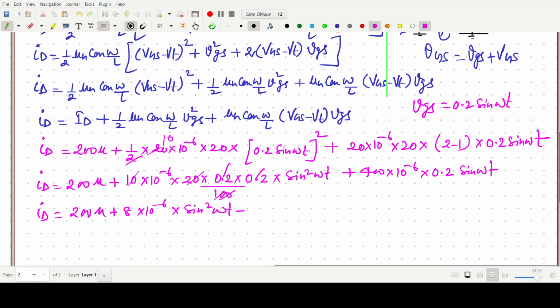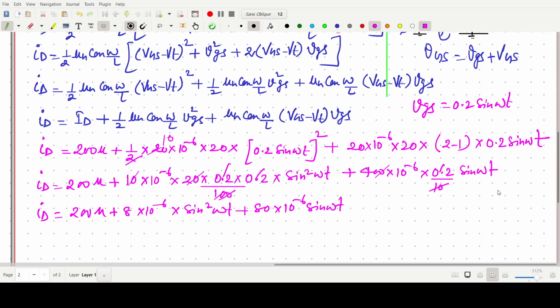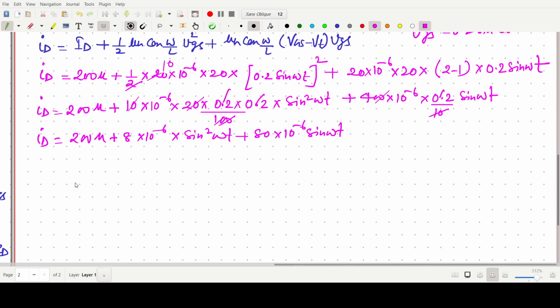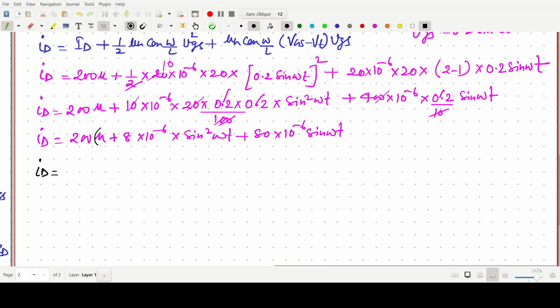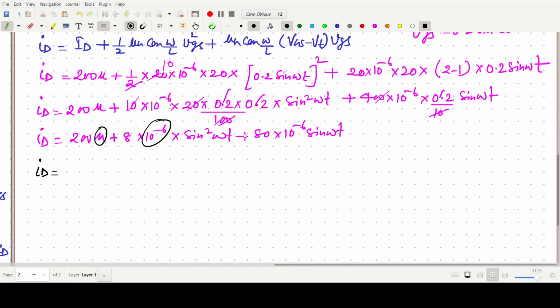Sine square omega t plus 0.2. If you remove this decimal, 10, so 40 into 2 is 80. 80 into 10 to the minus 6 sin omega t. Okay, so in the ID value, micro is common.